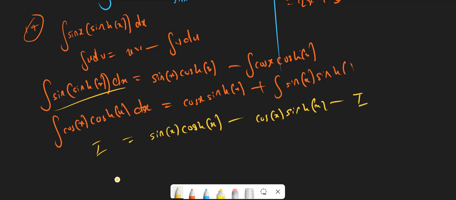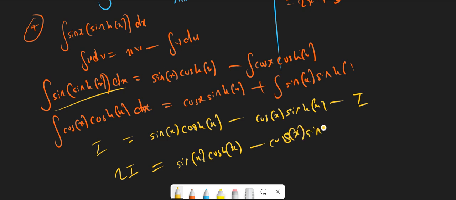So basically 2I would be equal to sine of x times cosh x minus cosine of x times sinh x. So the resulting integral will be dividing this by 2. Of course, you have to add your plus C. Okay.